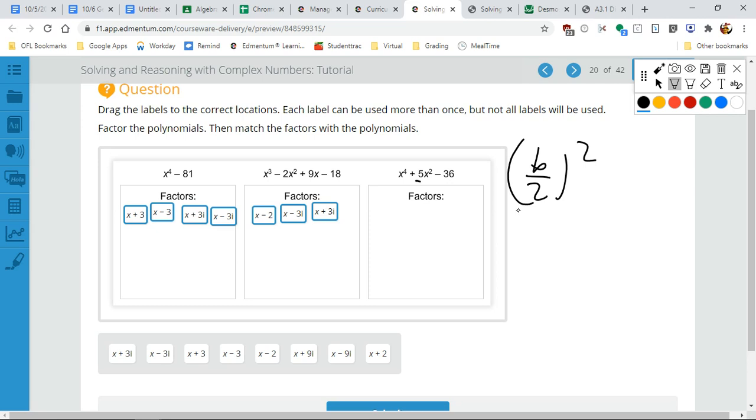So what I'm going to do is take half of this and square it. If I take half of that and square it, I'm going to get this x to the fourth plus 5x. Ooh, that's nasty. 2.5 squared. What do they want us to do here? I'm going to box method this.